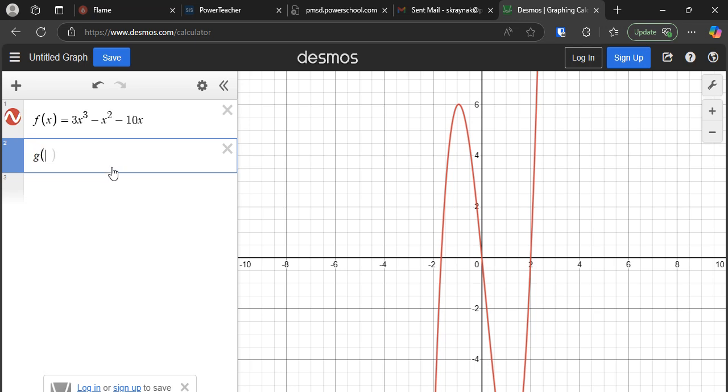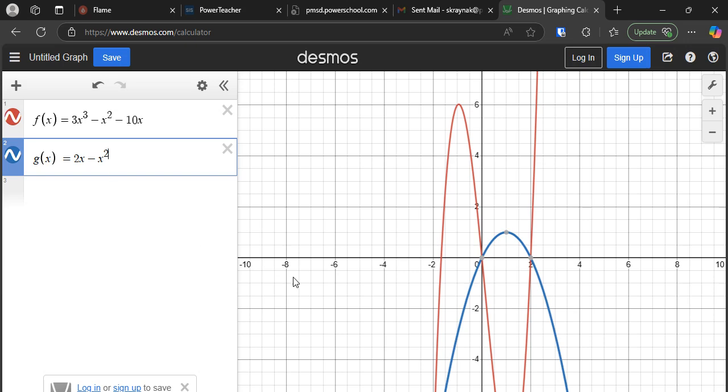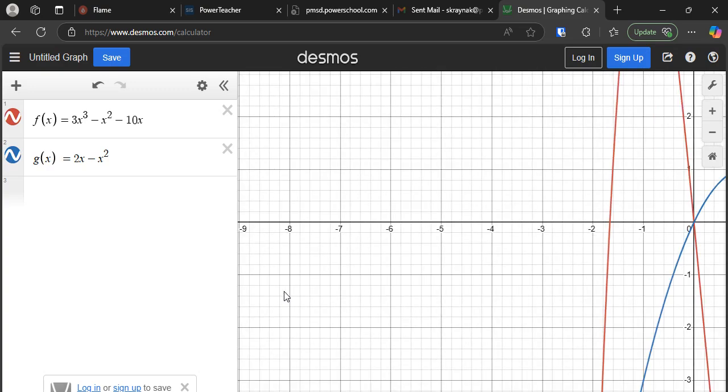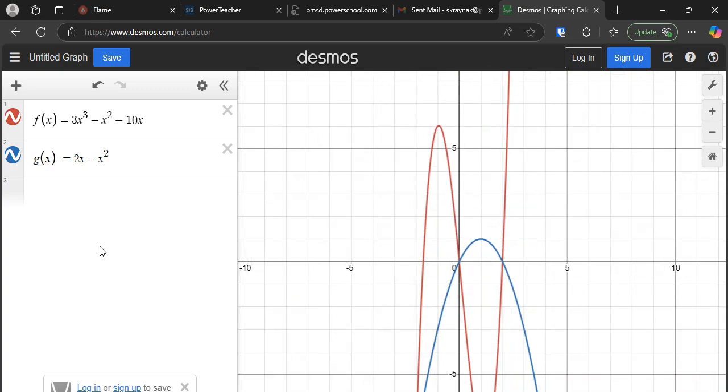And then g of x is 2x minus x squared. Okay, so my graph is correct.